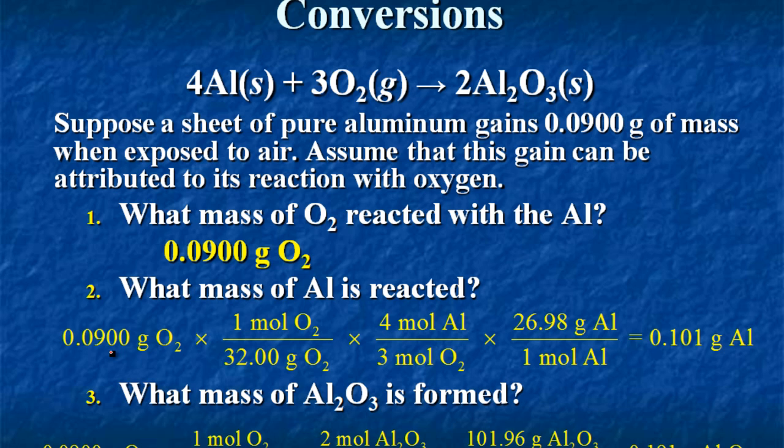Now, why is the book wrong on this one? Because if it is pure aluminum and if it gains mass, then the mass has to be because of this coating formed. But they say the mass gained is because of oxygen, yes, because it reacted with oxygen. That sentence is correct.